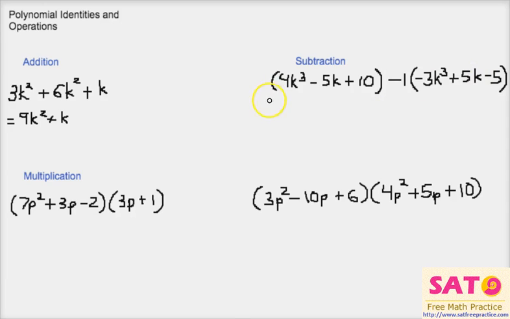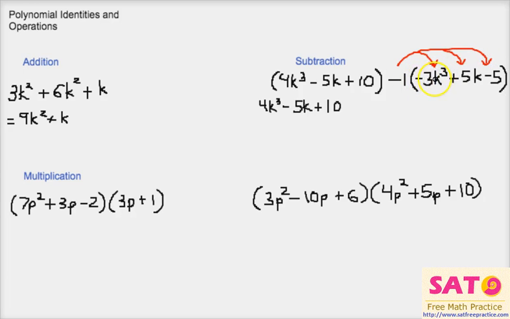So let's break this up a little. 4k to the third power minus 5k plus 10. And now here's the key part. We have to distribute the negative sign.